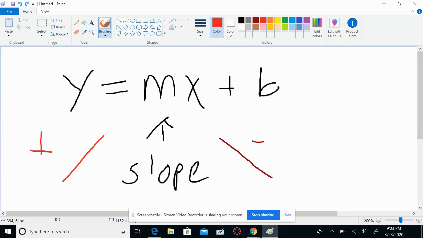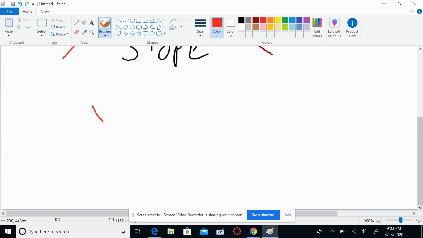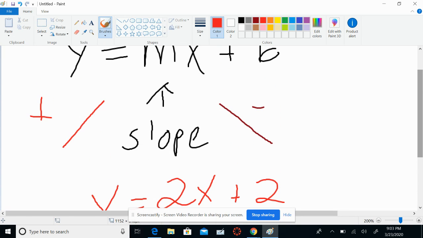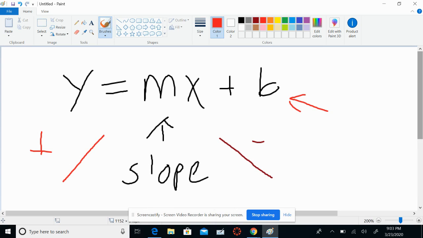So if we have a line that is y equals 2x plus 2, and to go back up here, I skipped a part. The b right here is what we call the y-intercept.